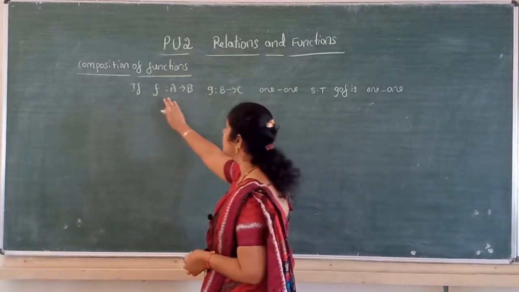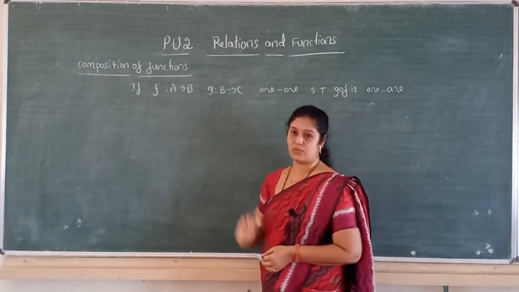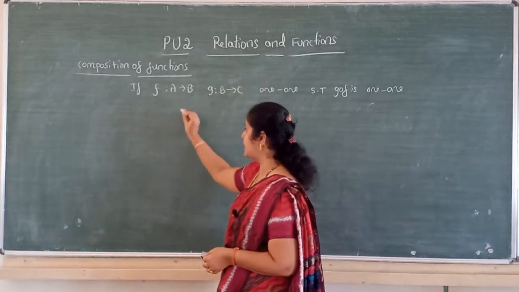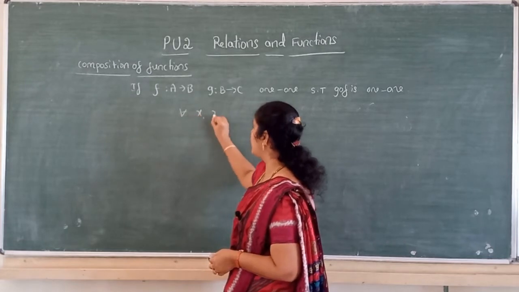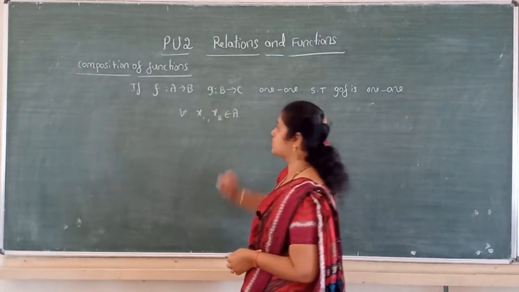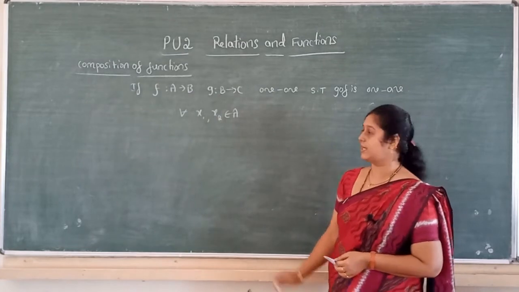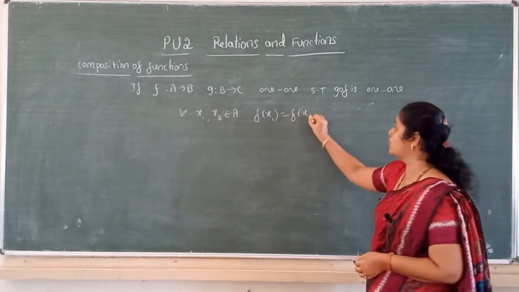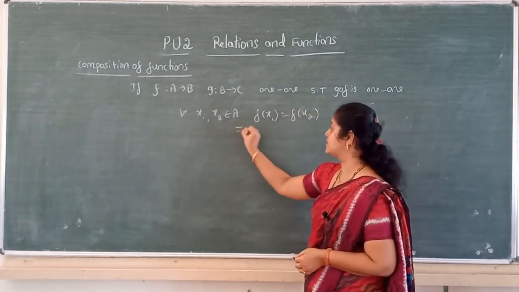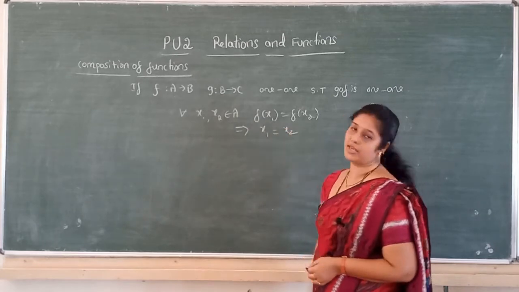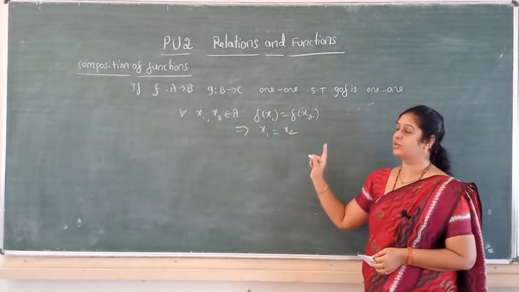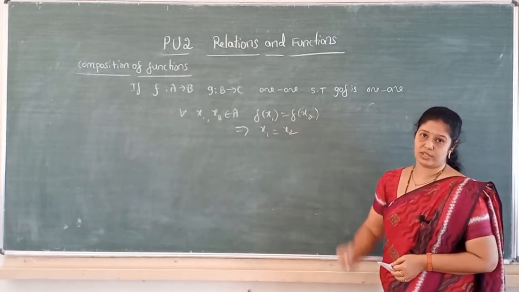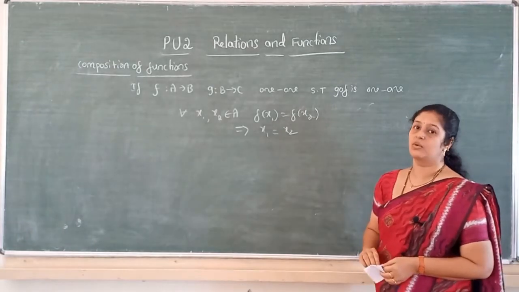Definition of a 1-1 function: if f is from A to B, then f is 1-1 means I can choose two elements x1 and x2 that belong to set A, and f is said to be 1-1 if f of x1 equal to f of x2 implies x1 is equal to x2. If you prove this, that means f of x1 equal to f of x2 gives x1 equal to x2, then f is 1-1.